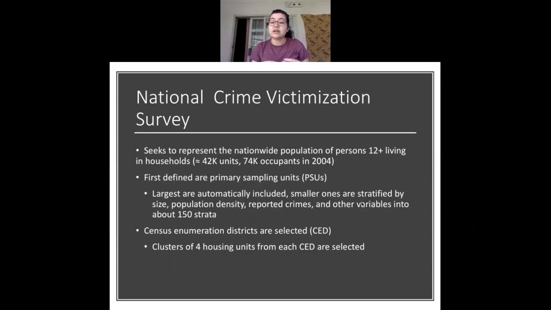So it's like they are listing larger municipalities and population densities, and then they identify and randomly select those. And then within those, they develop blocks that they're interested in, and then they randomly select those. And then within those, they identify houses, and then they randomly select those. So there's this dividing the larger sampling frame into smaller and smaller units, and then sampling those.